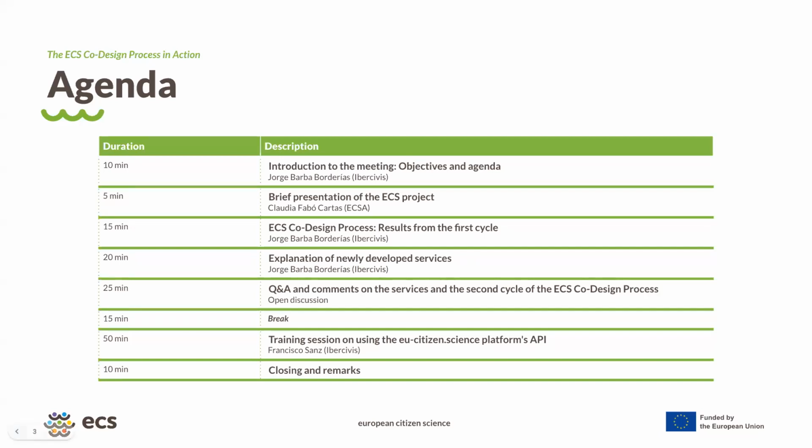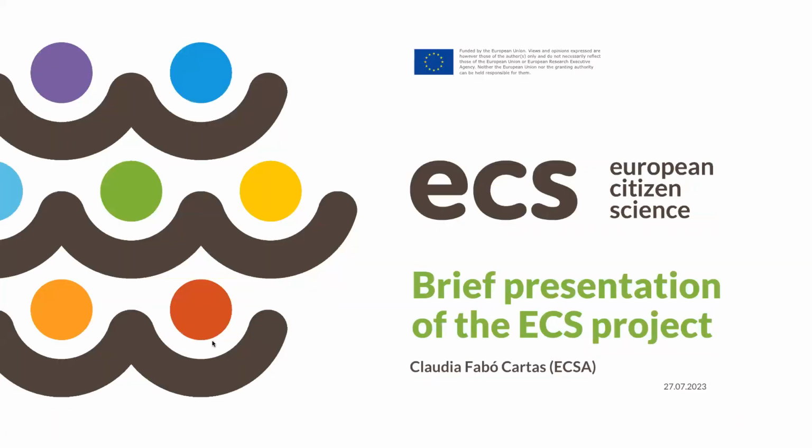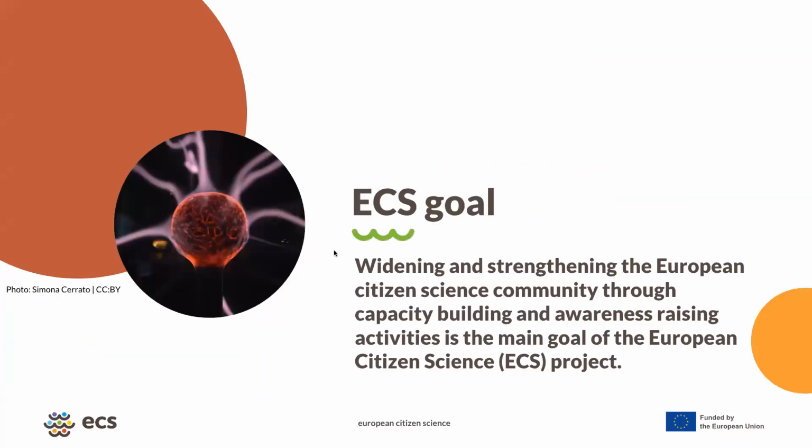Thank you very much, Jorge. Thank you everyone for joining, and welcome also from my side to this event. So the aim of this brief presentation is to situate this co-design process in the framework of the ECS project. The goal of ECS is to widen and strengthen the European citizen science community, and we do this mainly through capacity building and awareness raising activities.